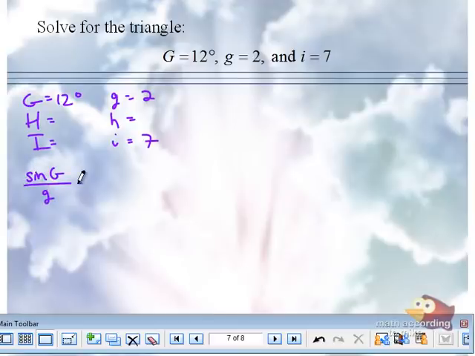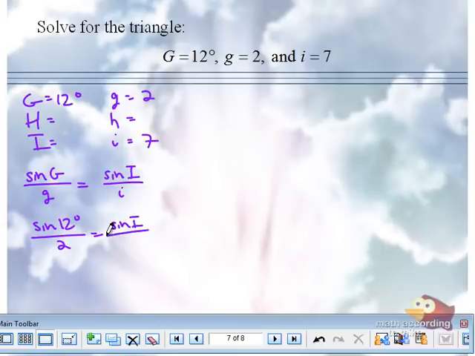Over g equals... good. So we're going to have the sine of 12 degrees over 2 is equal to the sine of I over 7.